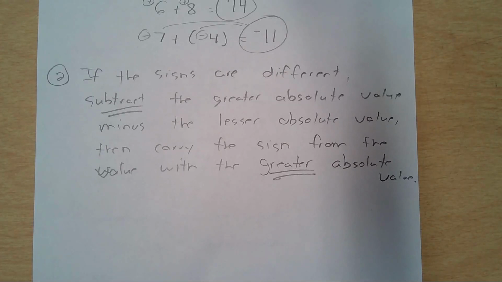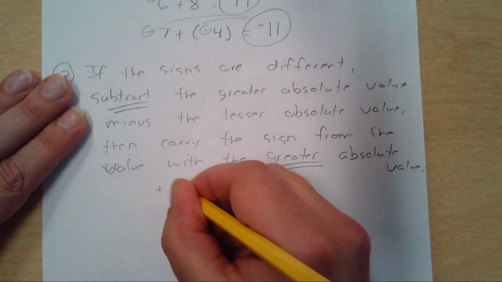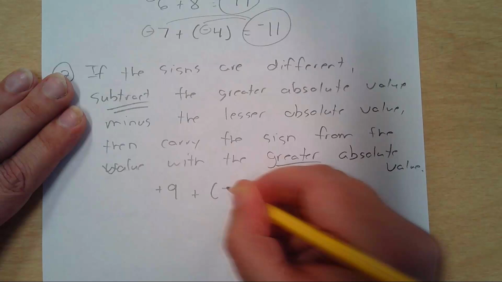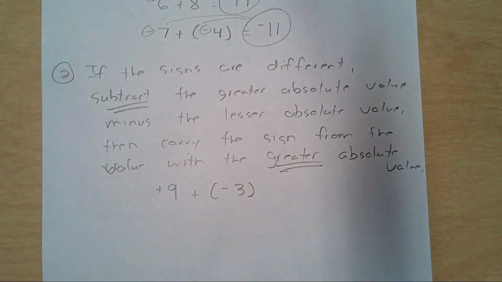Because -7, +7, how far is that away from 0 on a number line? It's 7 spots away. I don't say it's -7 spots away, I just say it's 7 spots away from 0 on a number line. So if I had a +9 plus a -3, okay?